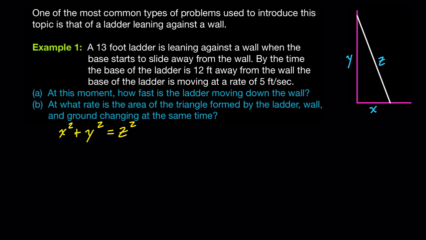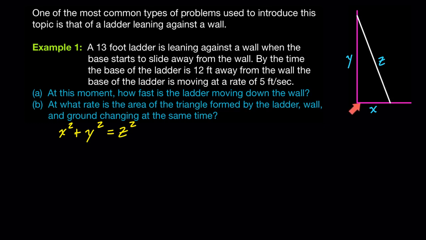Now, at this point, once we have drawn our model, we came up with an equation that relates the measurements. Any measurement that is going to stay constant throughout the problem, we can substitute that value into this equation at this time.